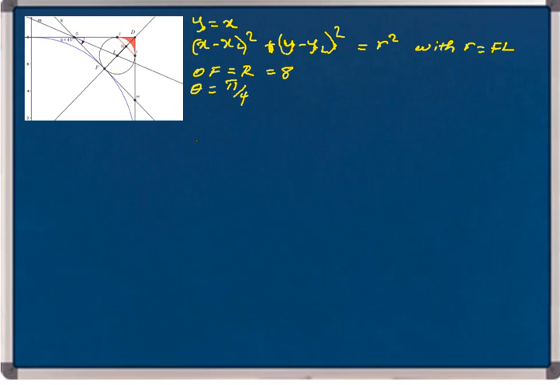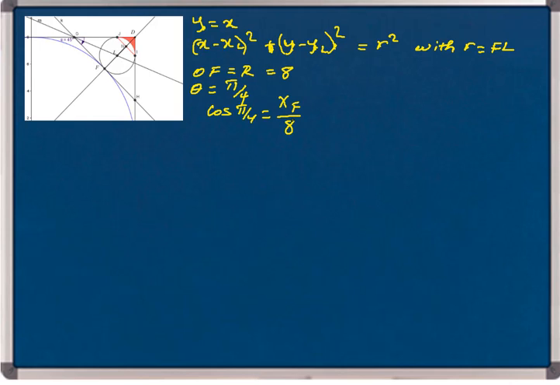So we can say that the cosine of that angle is equal to the value of x over the hypotenuse. So cosine of pi over 4 is equal to xf over the hypotenuse, which is r, equal to 8.